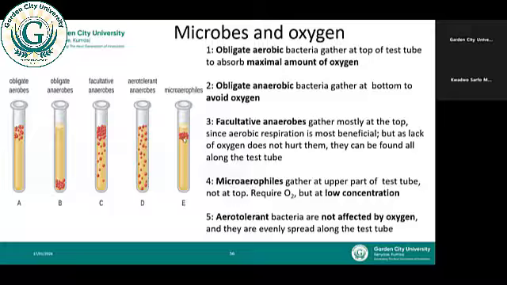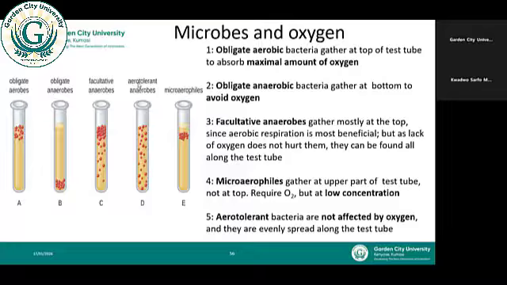Looking at this one and then the first one, where they settle at the very top. This one, they move to the upper part, but not at the very top because they need oxygen in very small quantities. They are microaerophilic. Micro means small. They need oxygen in small quantities. That is why they move to the upper part, but not the very top like the obligate aerobes.